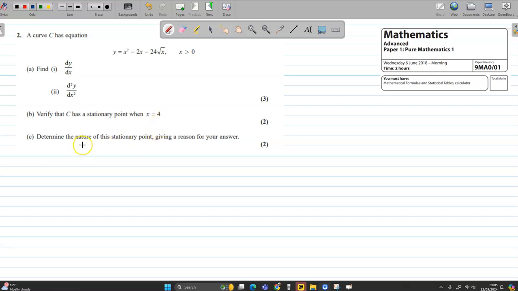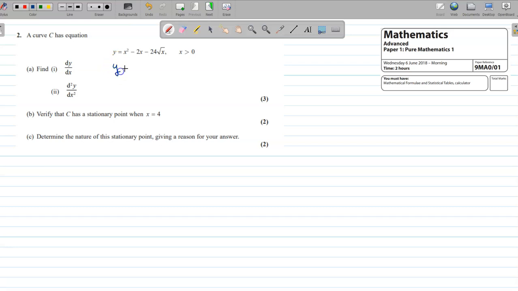So now let's write the equation of the curve in the form y equals x squared minus 2x minus 24. Instead of having root x, I'm going to have x to the 1/2.